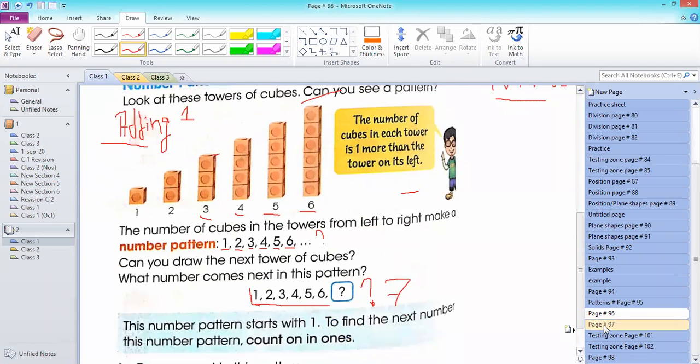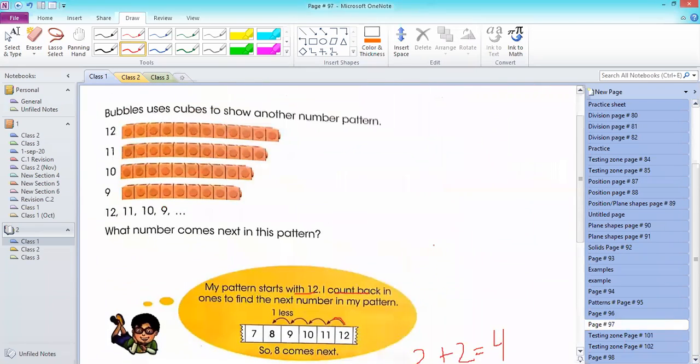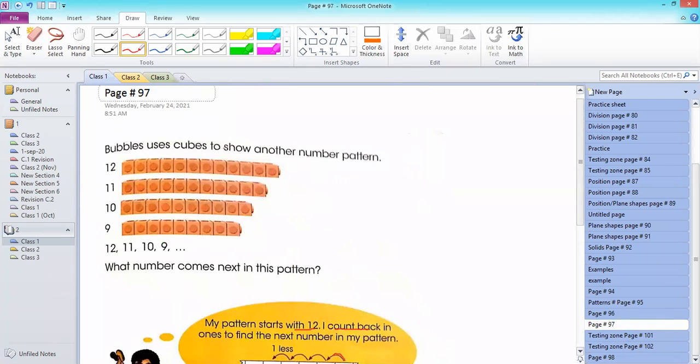The next number pattern was where Bubble used cubes to show another number pattern, right? And in that pattern, you can see here she is having 12 cubes in one block. But in the second she is having less than 12, that is 11.